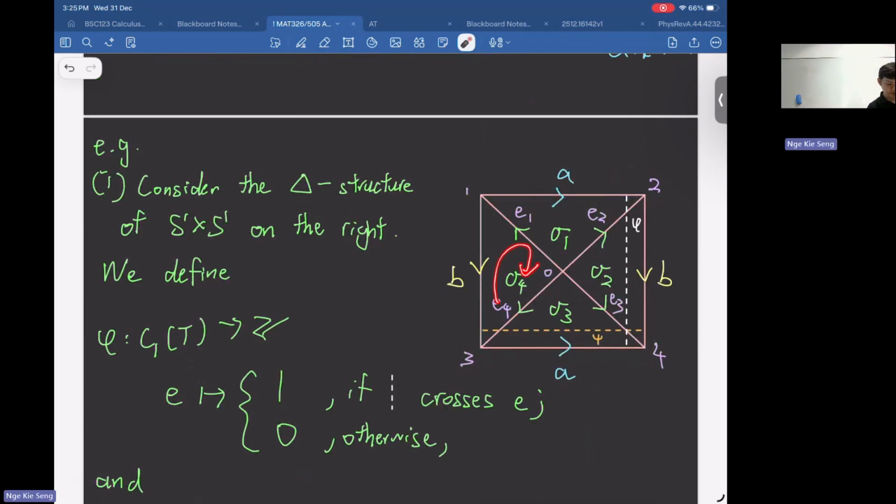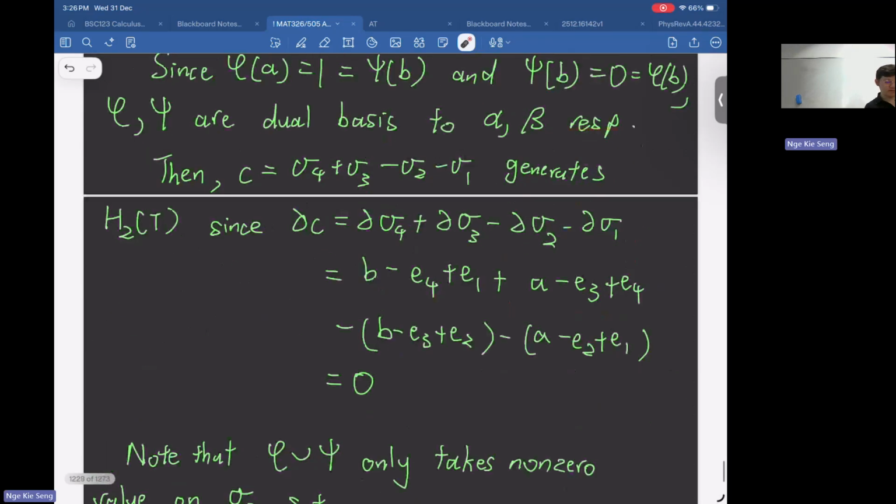Sigma 4, and then sigma 3, and then minus sigma 1, and then minus sigma 2. Like that. Okay. Basically, you just compute the boundary such that they cancel out.